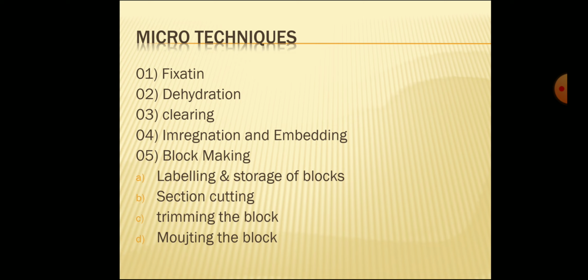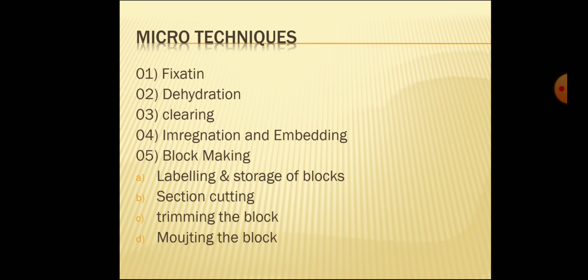Paraffin wax is the most popular embedding material, and other embedding materials include a host of other waxes. This embedding material is used in melted form or in a saturated solution. Impregnation is of two types: cold impregnation and hot impregnation.